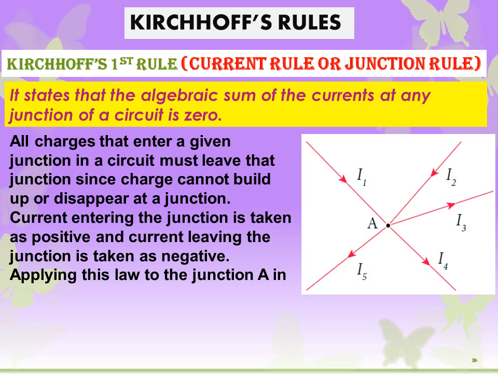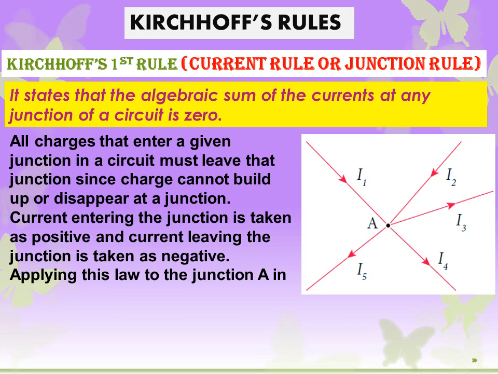All charges that enter a given junction in a circuit must leave that junction, since charge cannot build up or disappear at a junction. Current entering the junction is taken as positive and current leaving the junction is taken as negative. So after usage, we leave the current to the same electrical post as negative. Negative will not make any impact in the circuit.